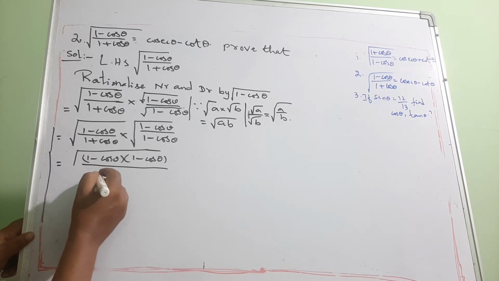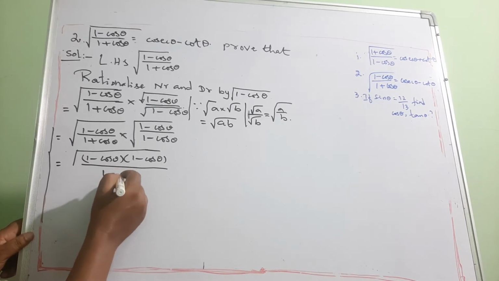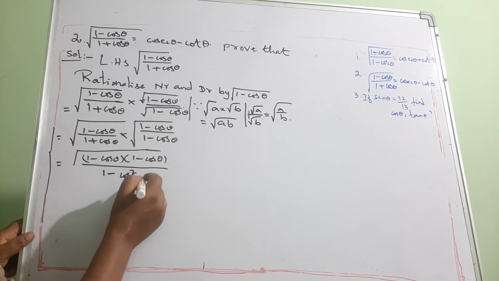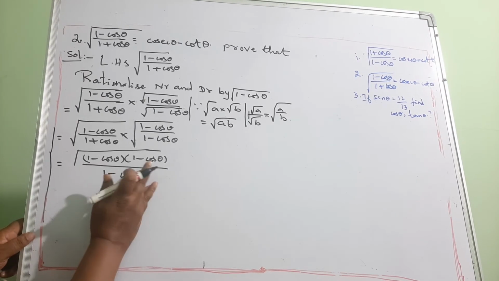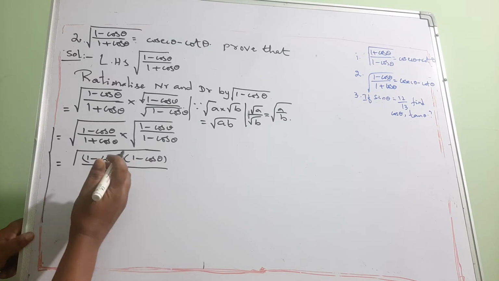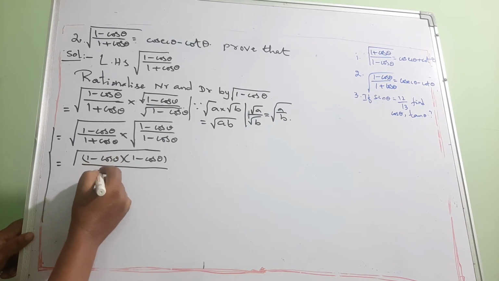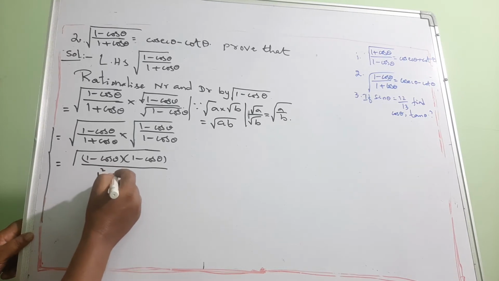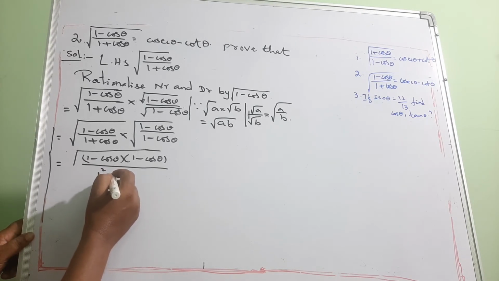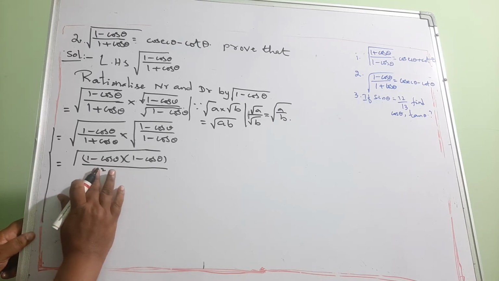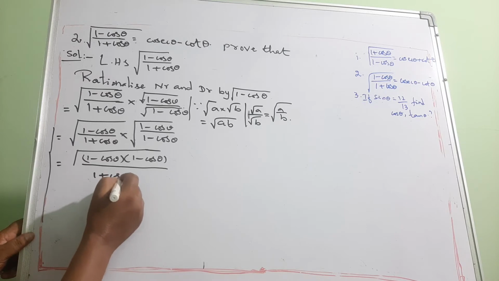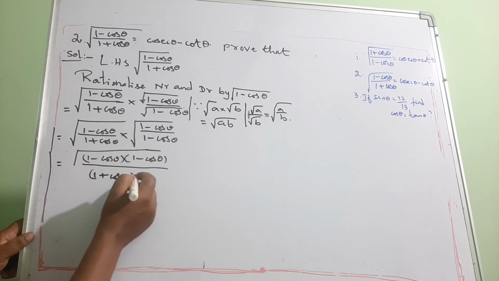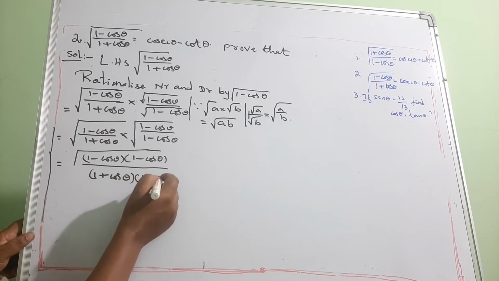The denominator we can write as 1 minus cos squared theta, or 1 square minus cos squared theta, which is 1 plus cos theta into 1 minus cos theta.